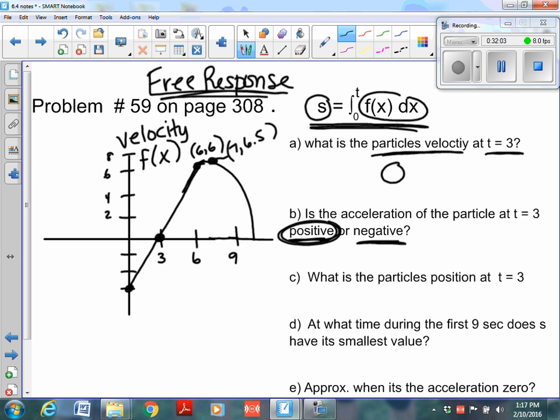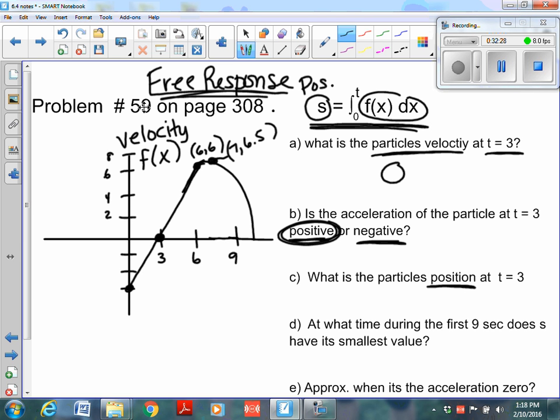The next one, now they asked something about the velocity, they asked something about the acceleration, now they're going to start asking something about the what? Position. What is the particle's position at t equals 3? And you're going to go, heck, I don't know. There's 3, but this is the velocity graph. And I know if I integrate this, it turns out to be s, which is the what? Position, right?